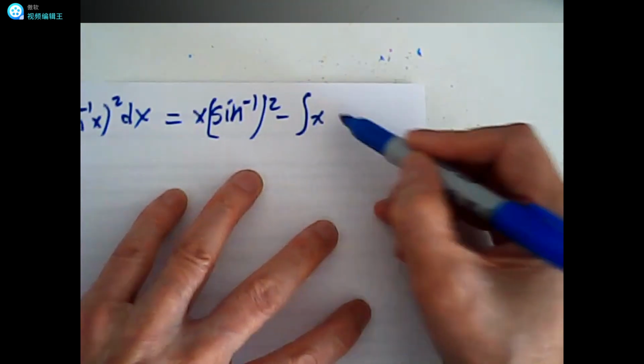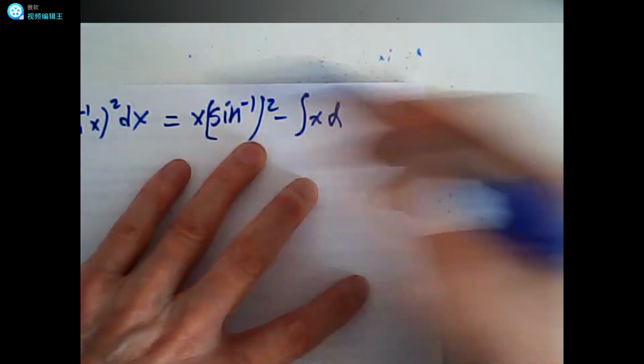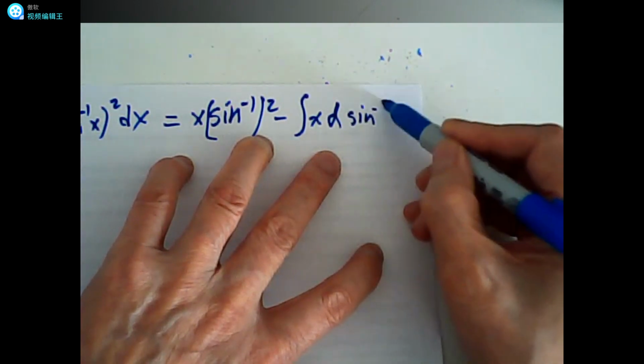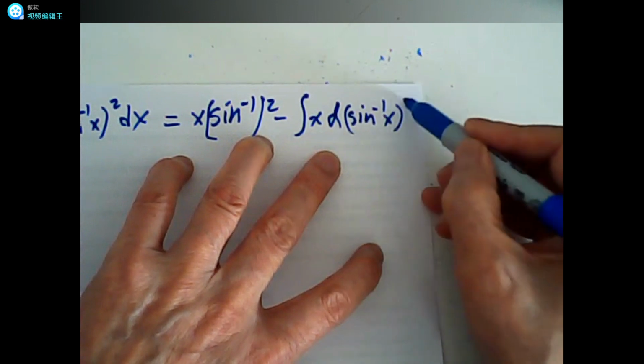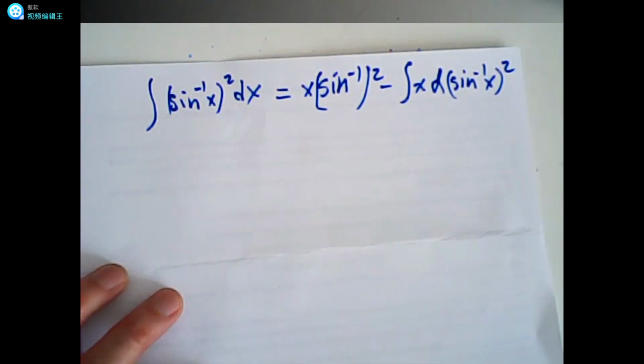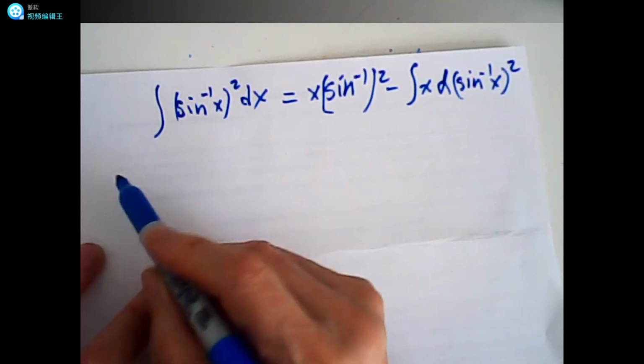V is x, u is arcsine x squared. This is the method of by parts.